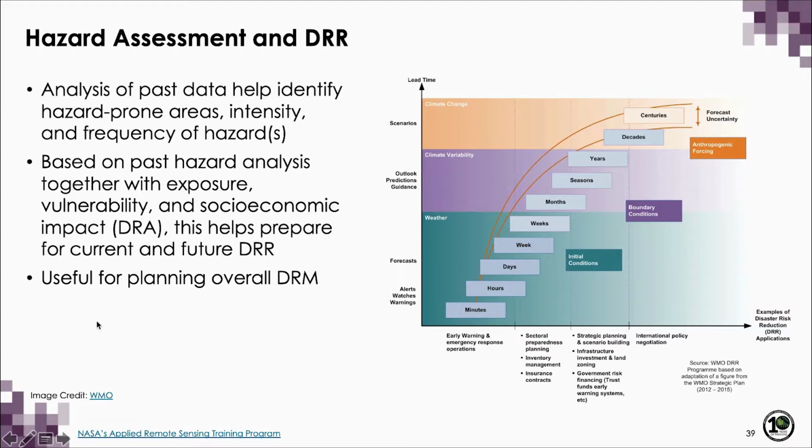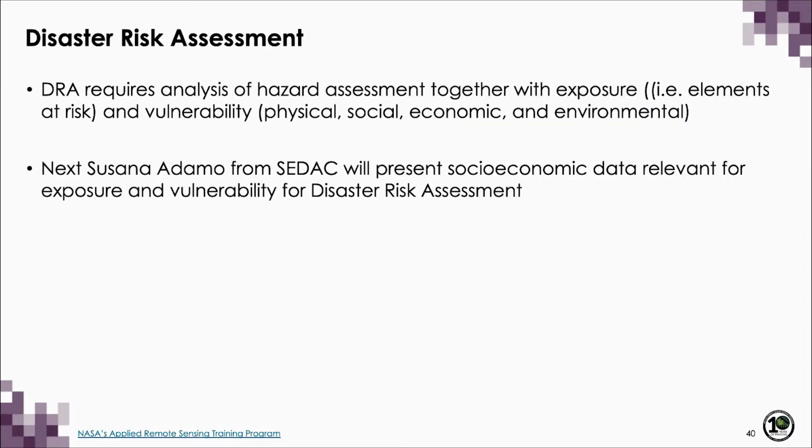That eventually leads to planning for overall disaster risk management. So what we talked about right now is the past data and near real-time and forecast data for hazard assessment. Next, we have to know about exposure and vulnerability to have proper disaster risk assessment.